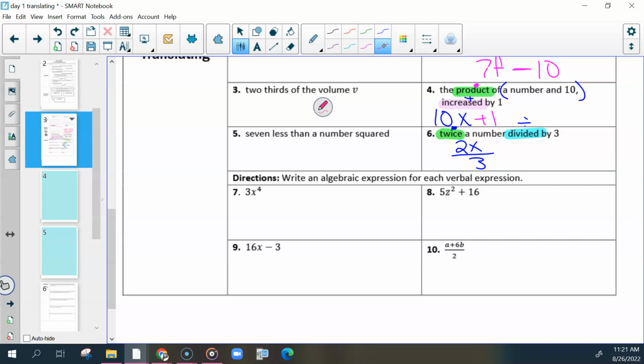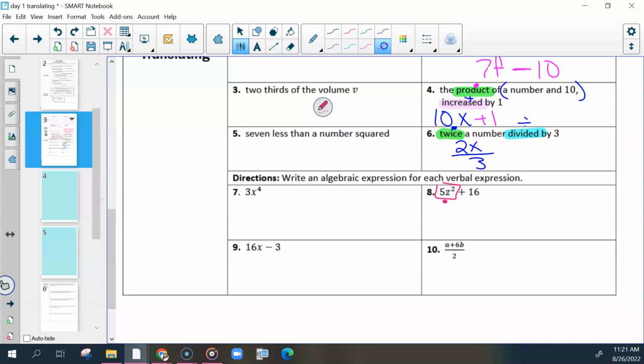First, we have to decide what operations we see. That way we make sure we include that when we write it. So if you see an operation, raise your hand. In number 8, where are we multiplying? 5 and z squared. So somewhere we need to know that we're multiplying.